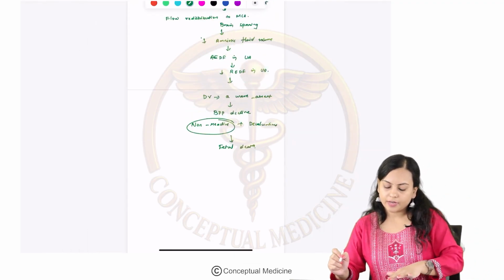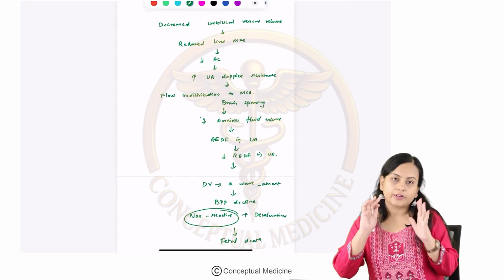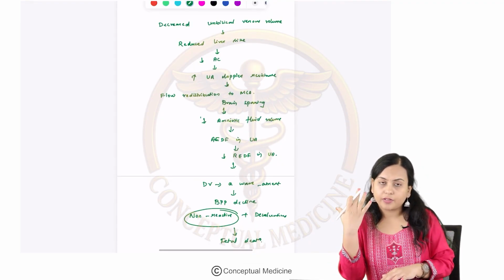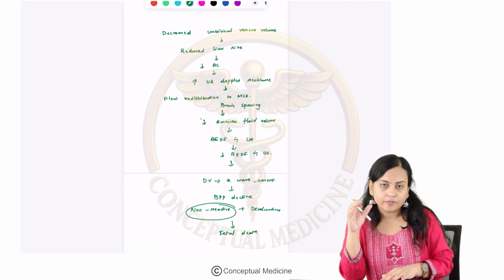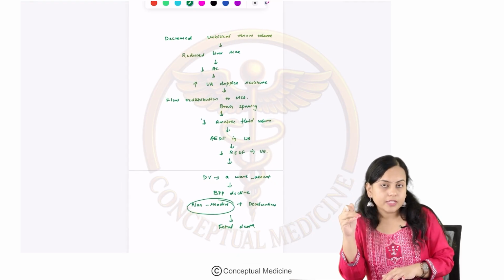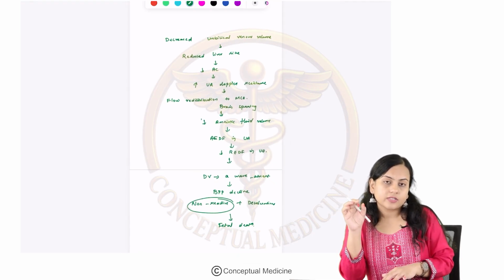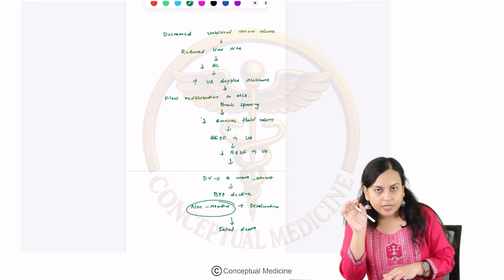Okay, let me summarize it once again. First, there is a reduced umbilical venous blood volume, resulting in reduced liver volume, which reduces the abdominal circumference. So abdominal circumference reduction is the first thing that is going to happen in IUGR.